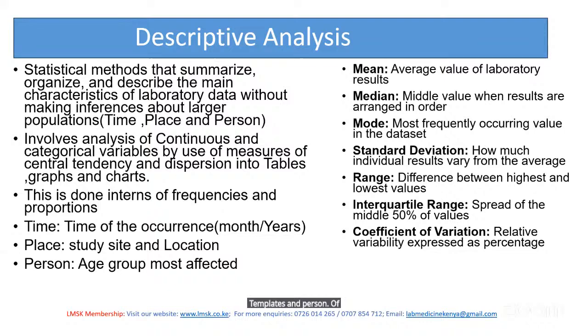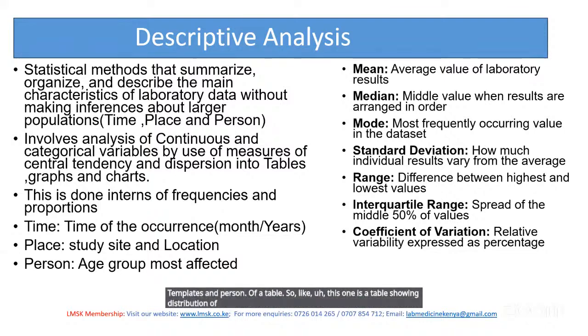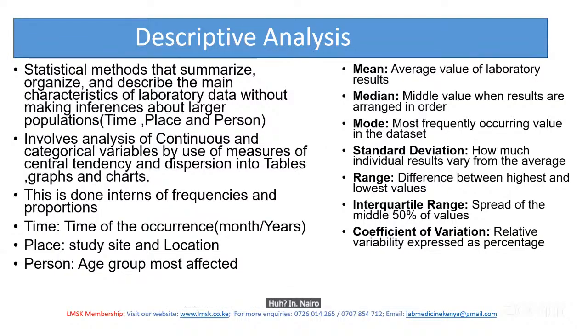So like this one is a table showing distribution of malaria parasite in Nairobi County, March 2025. So the time is captured, the person is captured, which is malaria. The place is also captured as Nairobi. So you've got to capture all those ones.